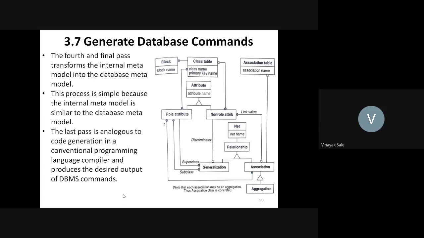This process is simple because the internal meta model is similar to the database meta model. The last pass is analogous to the code generation in a conventional programming language compiler and produces the desired output of database commands.